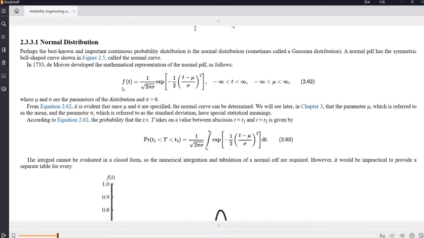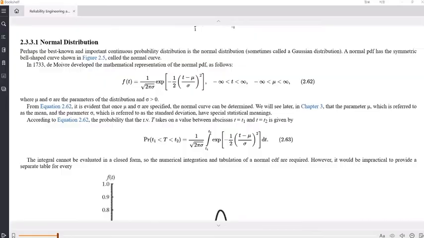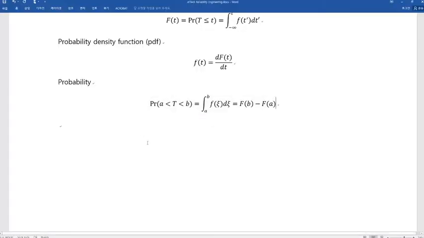In other words, the CDF, cumulative distribution function of normal distribution, and you could utilize it to calculate probabilities, like the one between T1 and T2. So today we are going to first start from normal distribution.